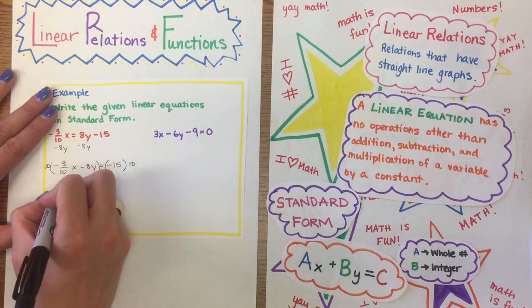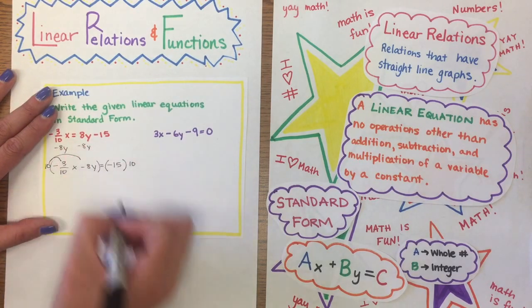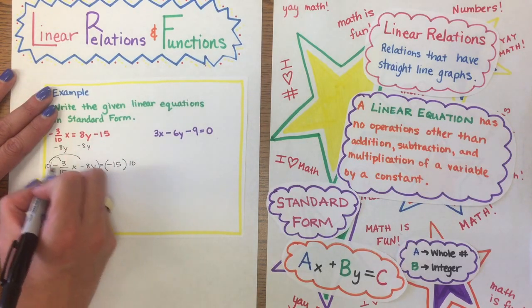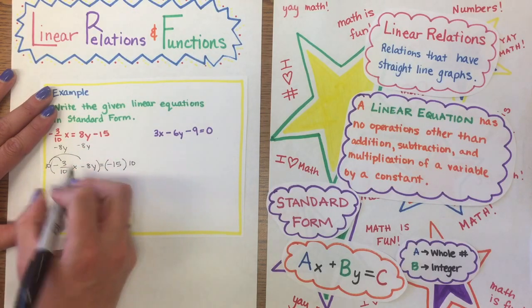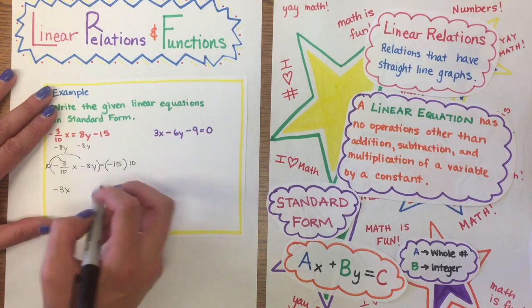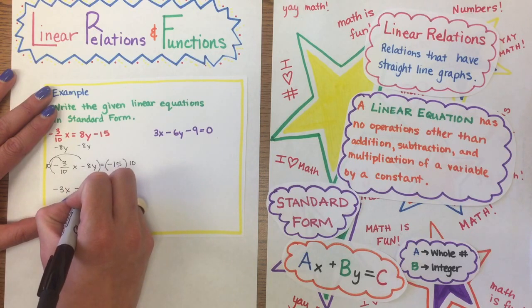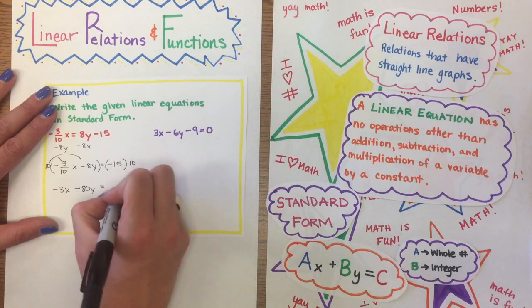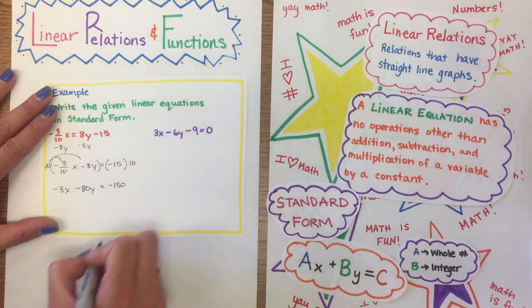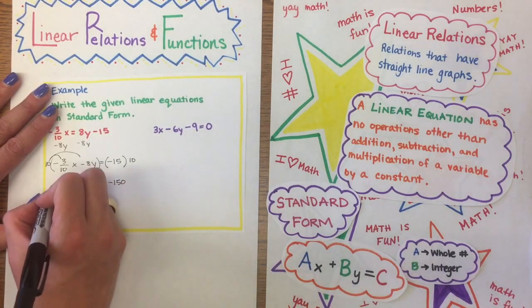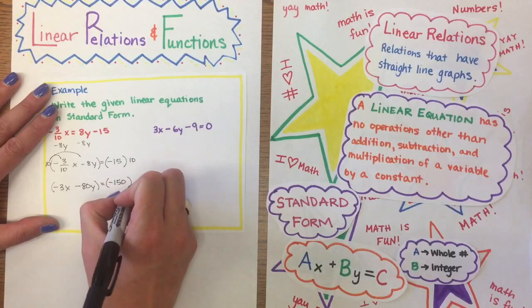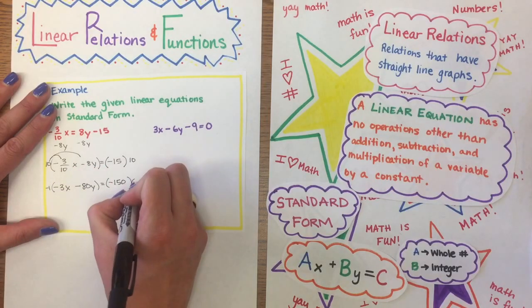So that will give me, if I distribute the 10 into the left-hand side, the 10 will cancel with the negative 3/10, giving me negative 3x. 10 distributed into negative 8y will give me negative 80y is equal to negative 150. Whole numbers are positive, so I need to multiply through by negative 1.